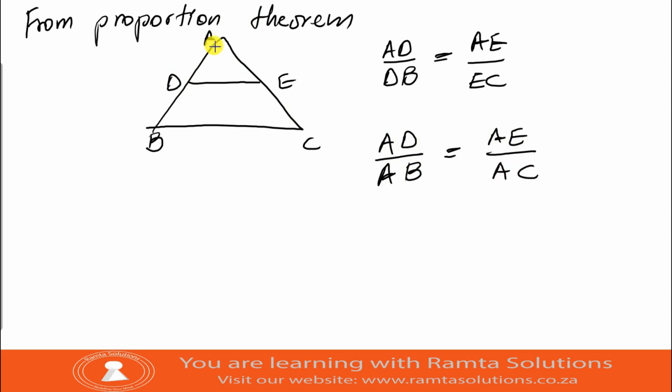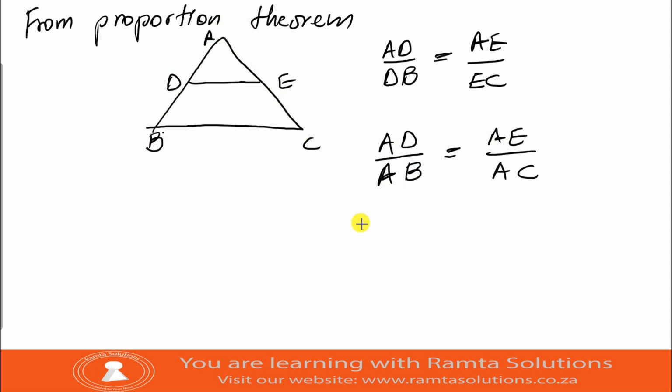So if you take on one side of your ratio this over this, the one that you compare with must also be this over that. For example, we took AD over AB. As you can see, it's this part over this part. It must be equal to this part over this.